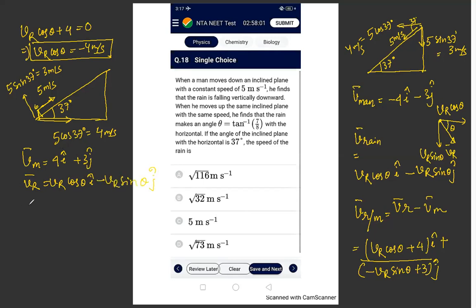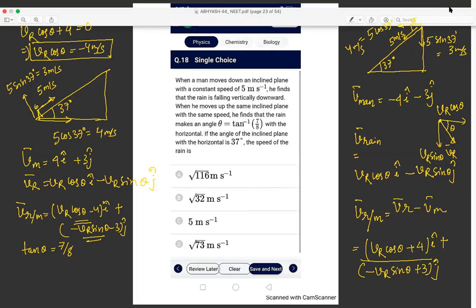This time the velocity of rain with respect to man, that is Vr minus Vm, comes out to be Vr cos theta minus 4 i cap plus minus Vr sin theta minus 3 j cap. Clear? So tan theta is 7 by 8, as per the question. That means the angle between this one and this one has tan equal to 7 by 8. Up to this I'm keeping, and I'm going to remove this and we'll continue in the next set.